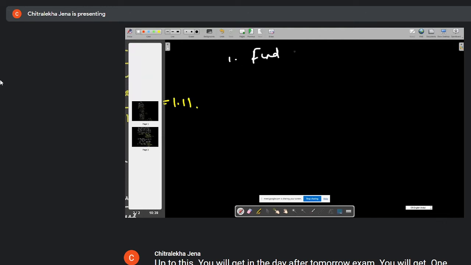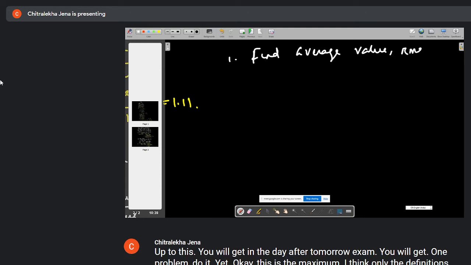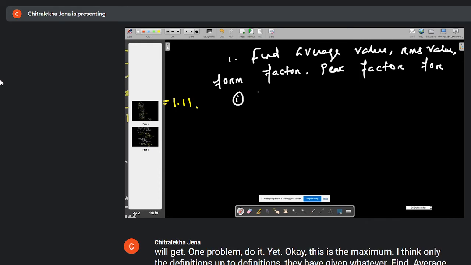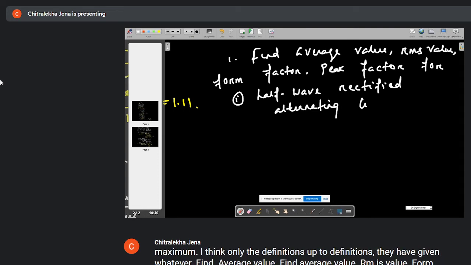Find the average value, RMS value, form factor, and peak factor for, first, half wave rectified alternating current.